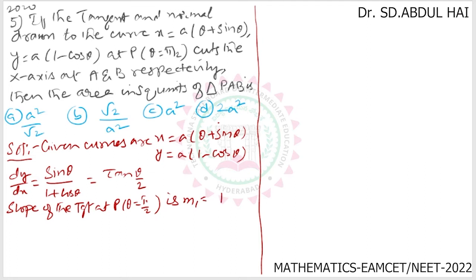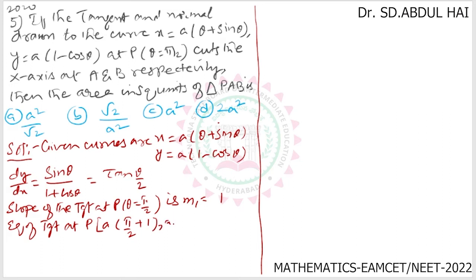Similarly, what is the equation of the tangent? Therefore, the equation of the tangent is nothing but the equation of the tangent at P. What is P? That is a into, if I substitute theta is equal to pi by 2 here, you get (a(pi/2 - 1), a).